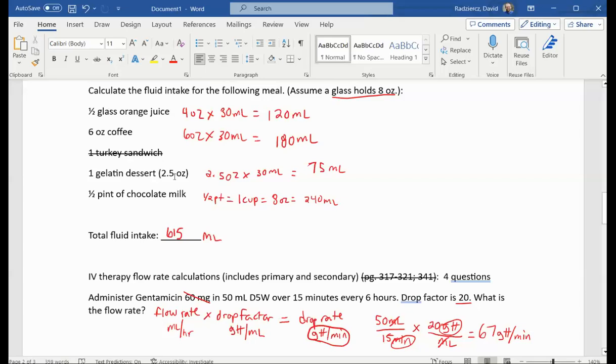But what I have seen on some practice tests online is that if it has an ounce associated with it and it's definitely not a solid, like if it said a 4-ounce turkey sandwich, then you assume that it's water or liquid and you calculate it out. But I don't know about that for custard, pudding, yogurt.